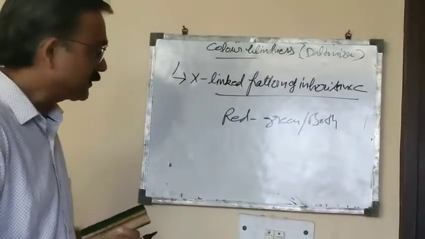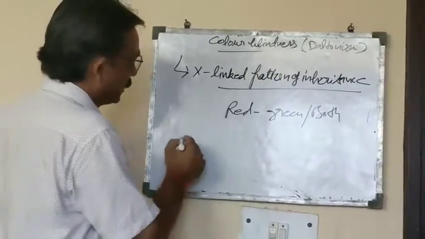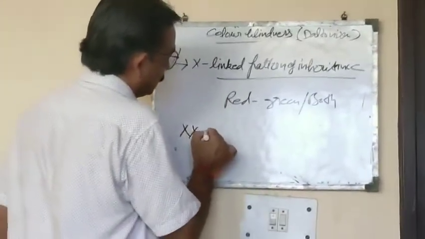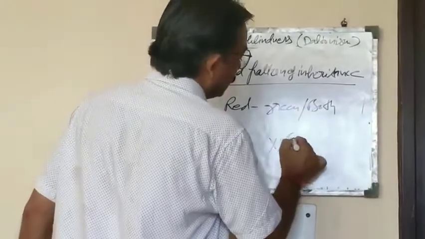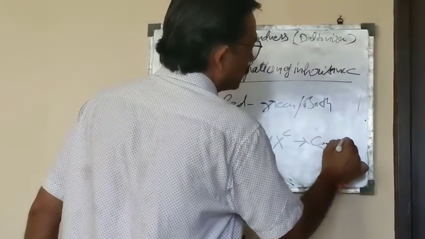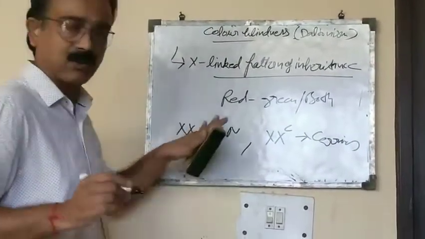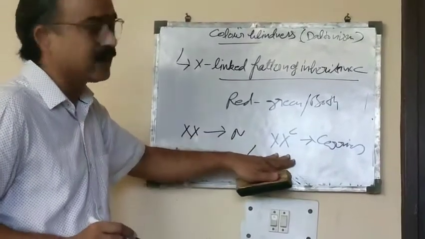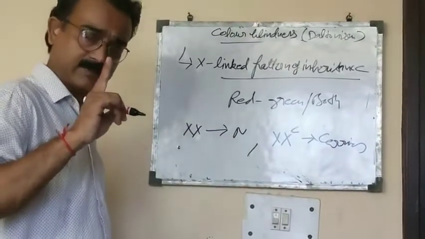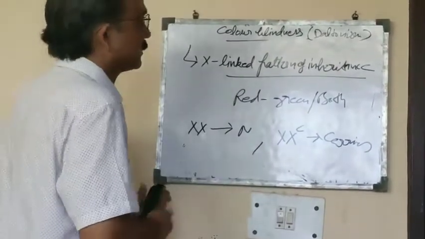Now, as I told you in hemophilia, a female may be normal or a female may be a carrier. Right? Now, with the cross, I will explain, if a carrier woman is fertilized by a normal male, then what will be the chances?